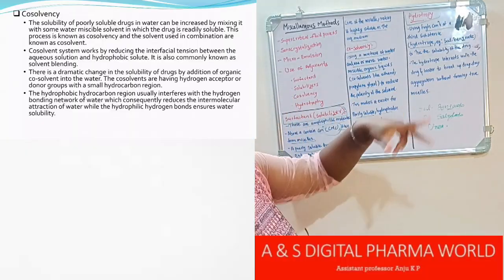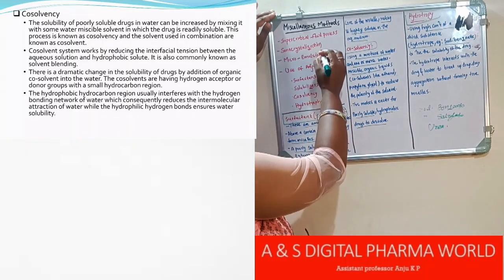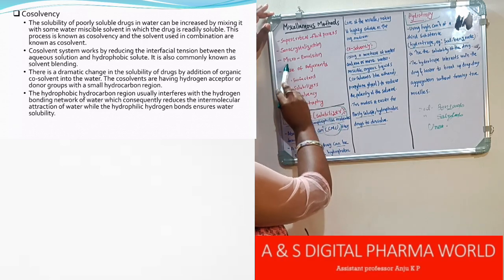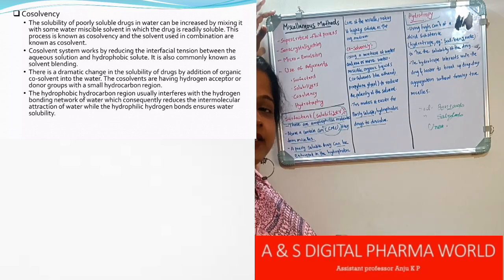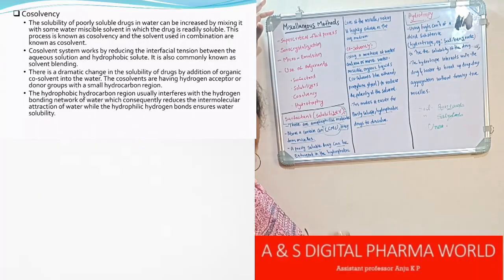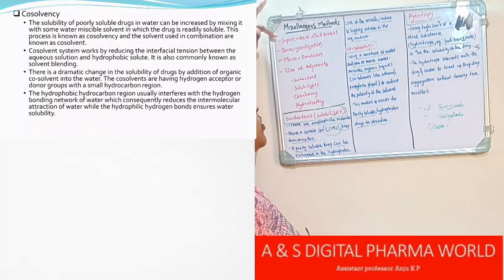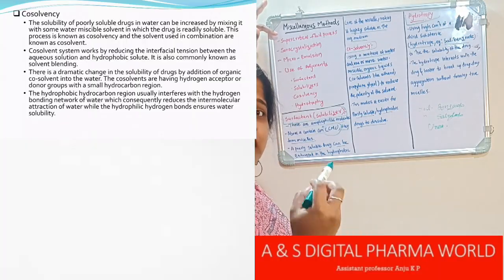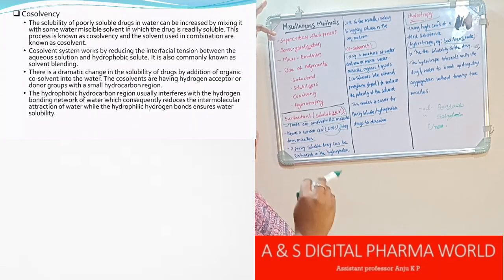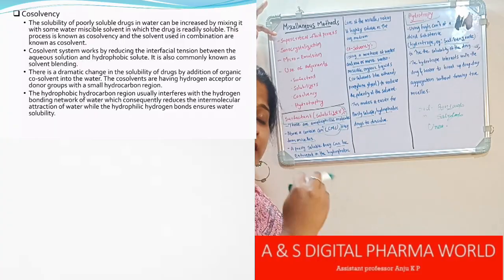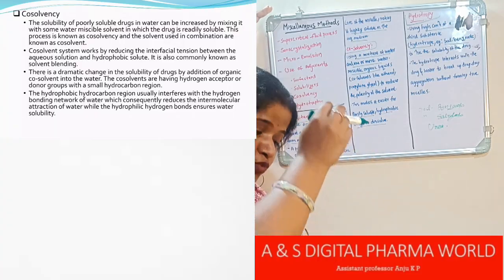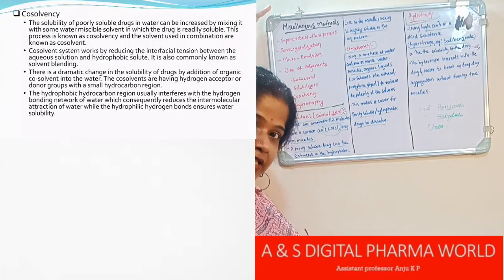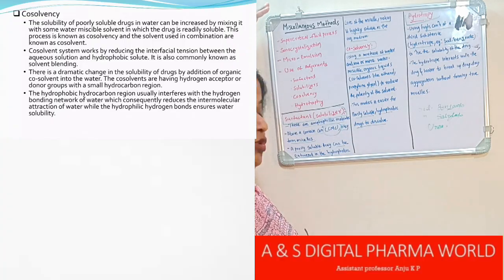Let's summarize once again. In the first three, supercritical fluid process, sonocrystallization, and microemulsion, we saw particle size reduction to enhance the solubility. In the supercritical fluid process, we apply high pressure and temperature, and this rapid change makes our drug precipitate into ultrafine particles, thereby increasing solubility.